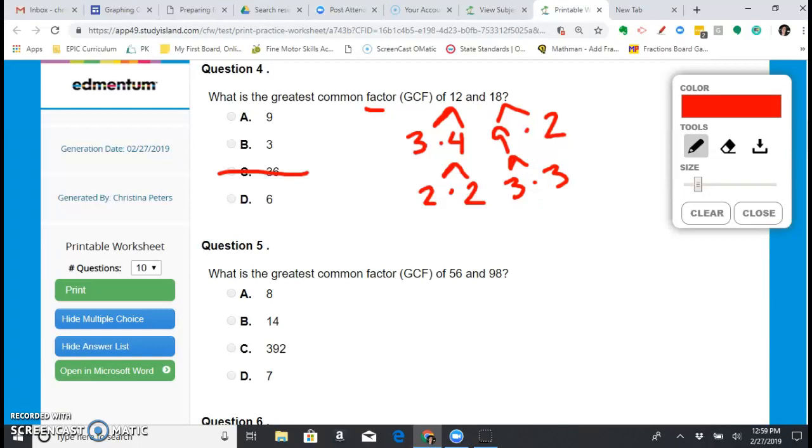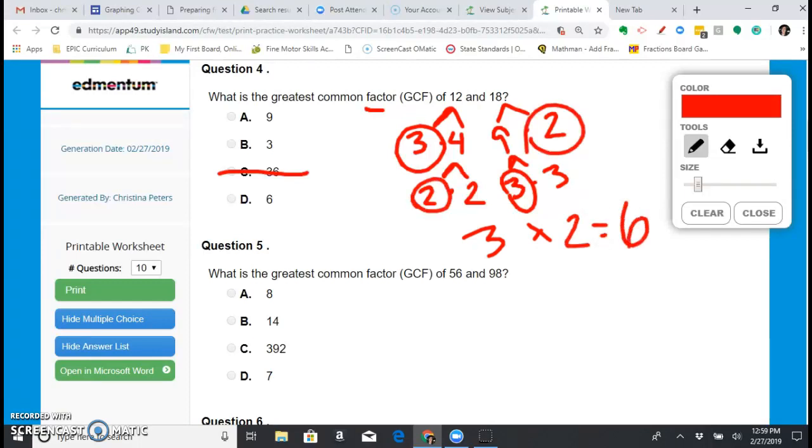So what do you think they have in common? They have a 3 in common. And they have a 2 in common. So the greatest common factor is 6. You can also mark out 9 because 9 times something will never equal 12.